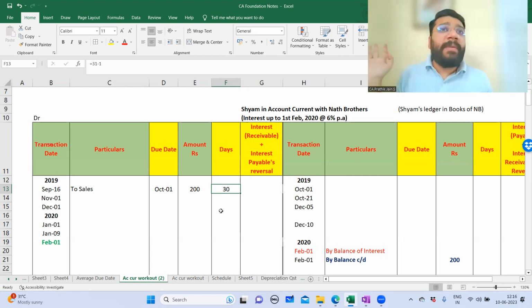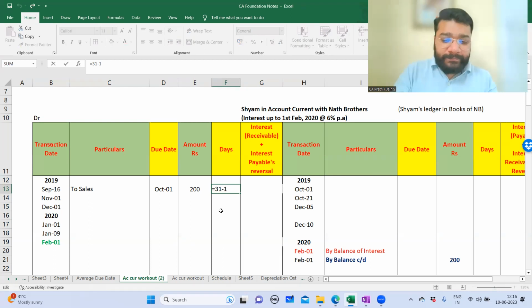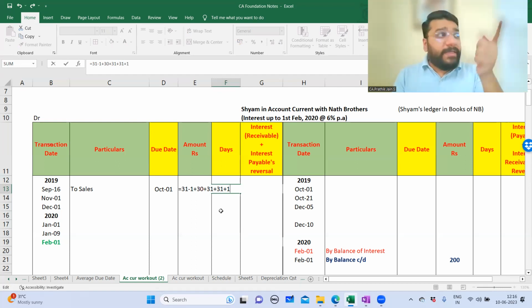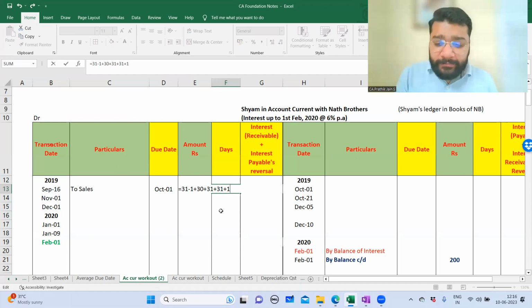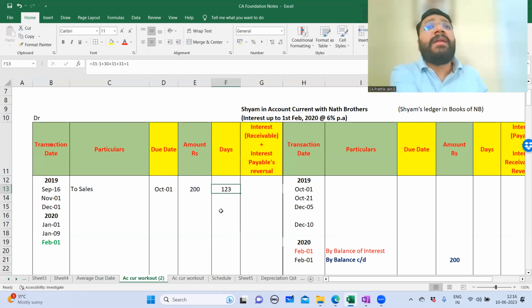Let's suppose you're not making the payment at all. October has a 30 days delay because you were supposed to make the payment on 1st October. So interest will be calculated on October's 30 days plus November, 30 days, then December, 31 days, plus January, 31 days, plus Feb 1, because you're making the payment on Feb 1st. So can I say there is a delay of 123 days?